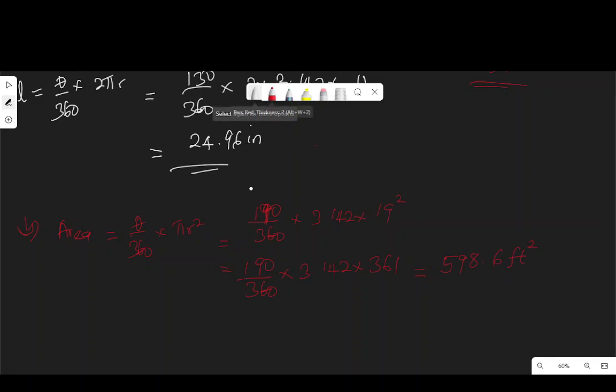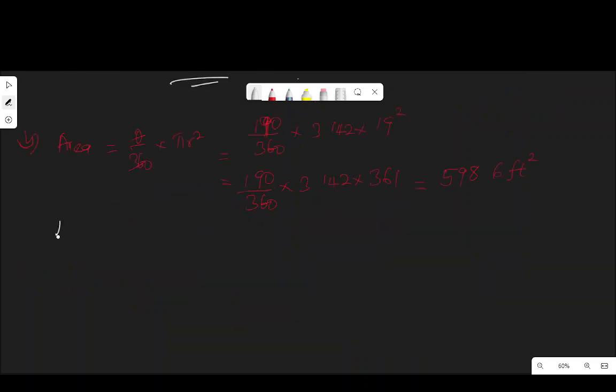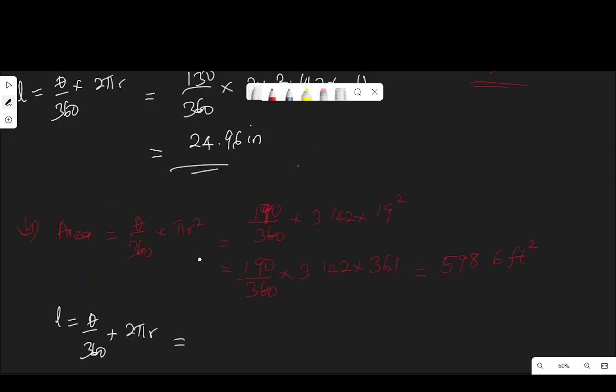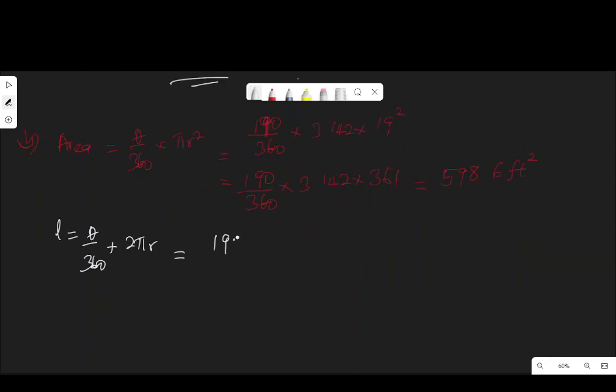The perimeter is the perimeter or length of arc, rather. Length of arc, yes. The length of arc L is theta over 360 times 2 pi r. Theta is 190 divided by 360 times 2 times 3.142 times the radius, which is 19.